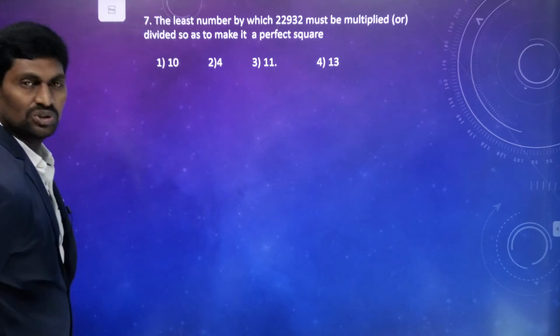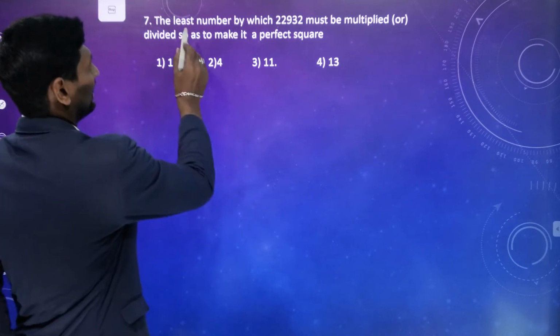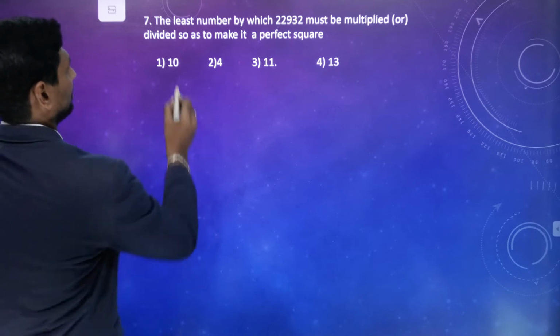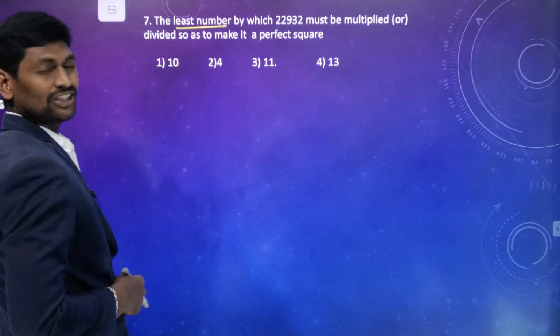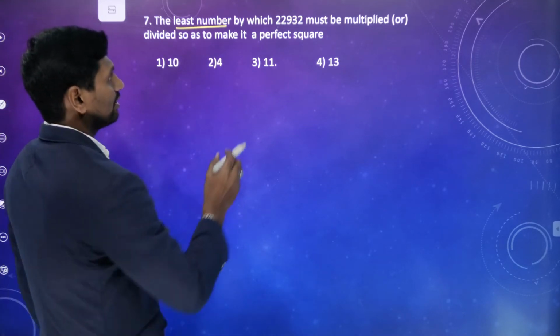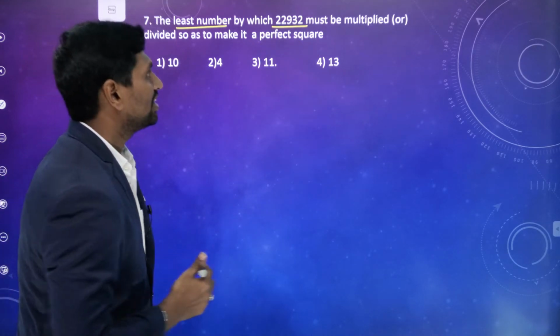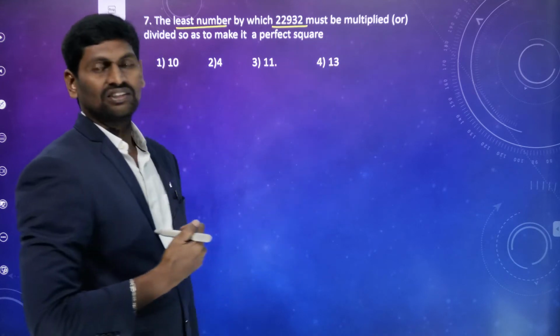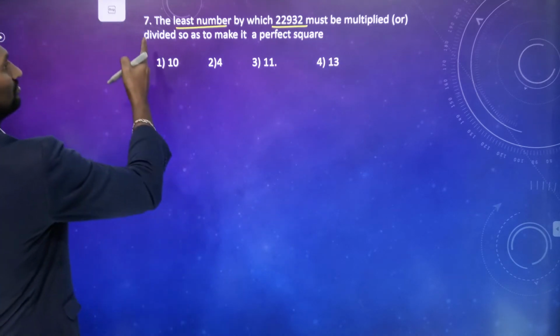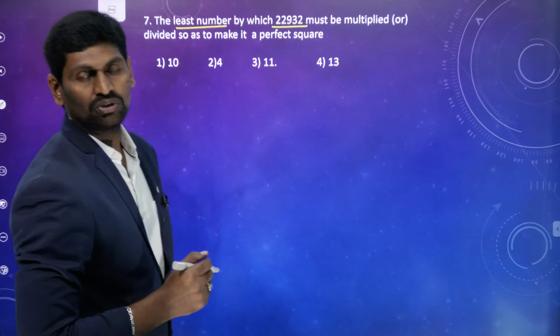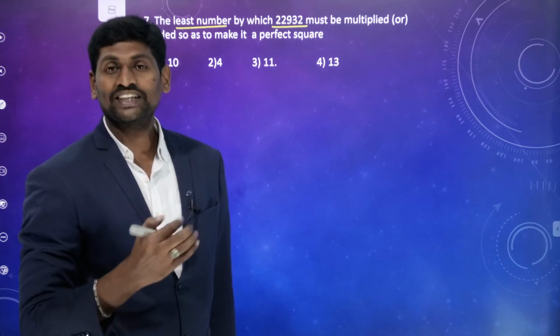Now coming to the 7th question. The least number, that is the smallest number, by which 22,932 must be multiplied or divided so as to make it a perfect square. You have to multiply or divide with a small number.